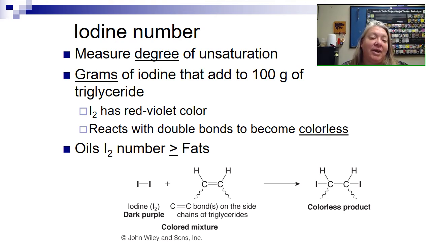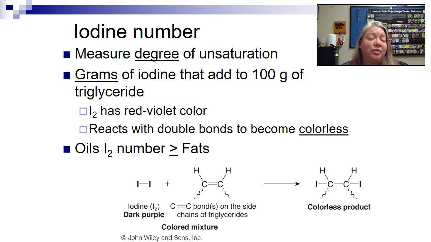Oxygen is the same way. We can use iodine to measure the degree of unsaturation, or how many double bonds there are. The way that we do this is they take, in general, 100 grams of your triglyceride, so 100 grams of the fat or oil that you're testing, and then you're going to add some iodine.